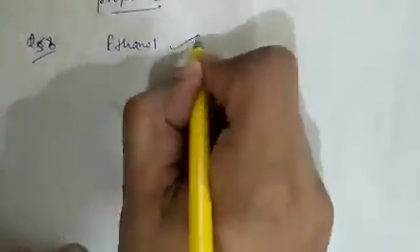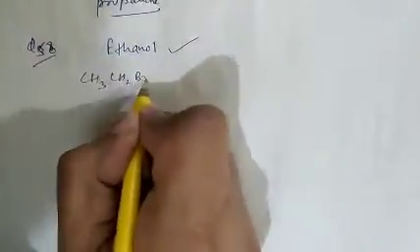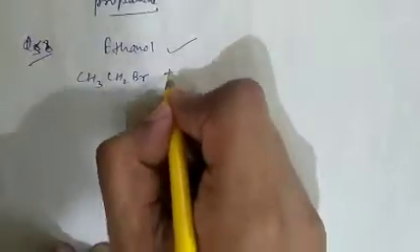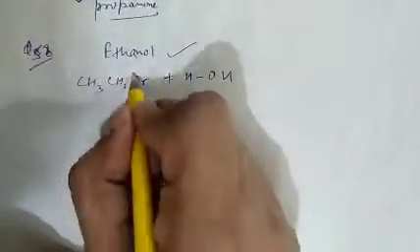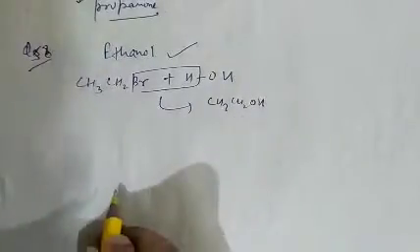In question number 58, what is given there? The question is, ethanol can be prepared more easily by which reaction? As we can see, one is CH3CH2Br. On hydrolysis, it forms ethanol, that is CH3CH2OH.